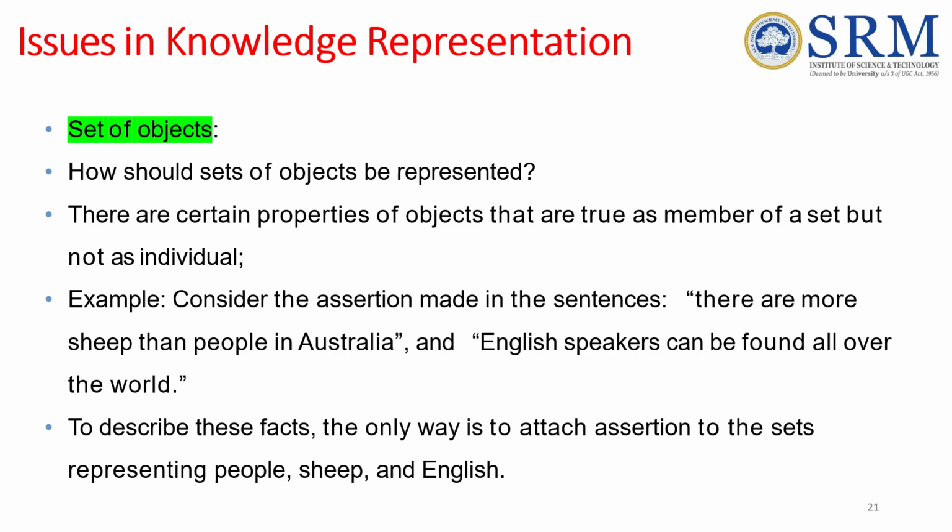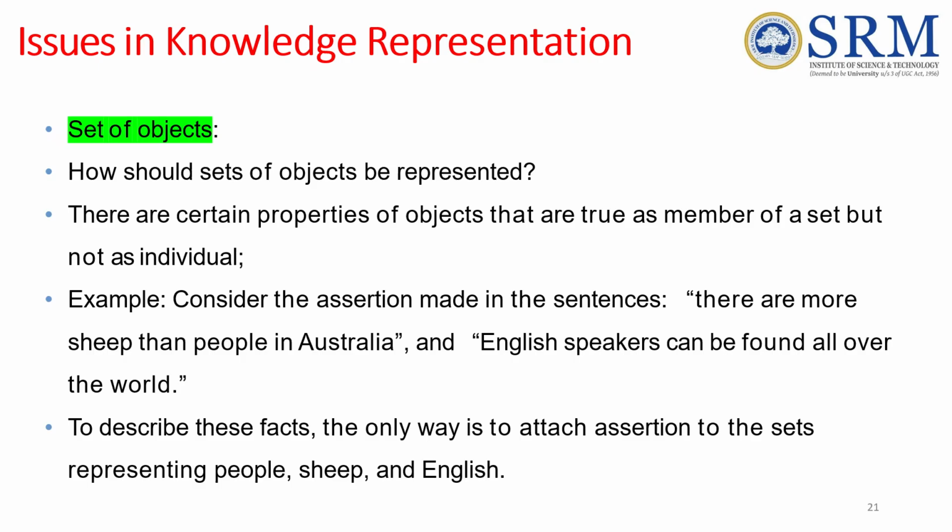Next is sets of objects, another issue with representation. Sometimes knowledge is not about a single object but about a group or set of objects. In such cases, the AI system must represent the entire set rather than the individual members. If we represent only the individual objects, certain facts cannot be expressed properly.